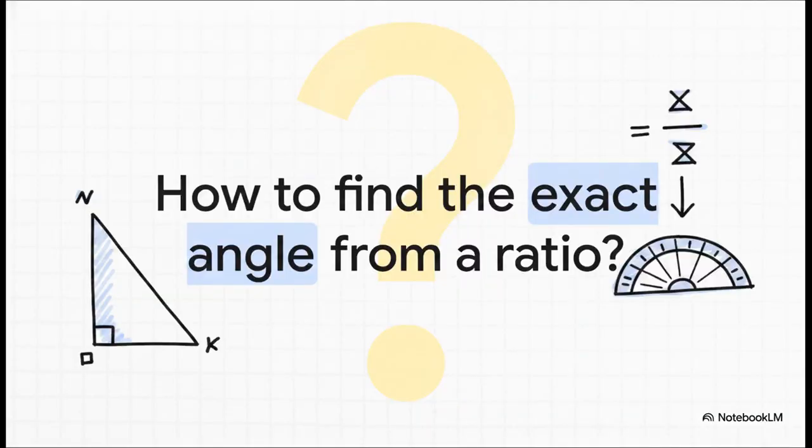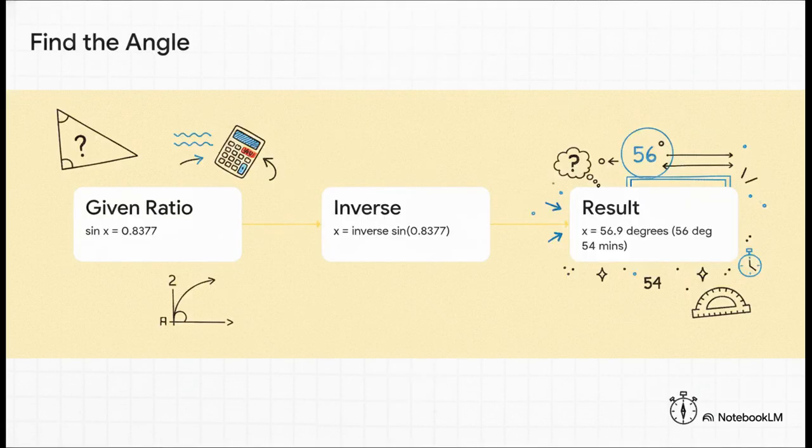But, up to now, we've had the angle and we've found the ratio. But what if we have the ratio? Say we know the sides of the triangle and we need to find the exact angle inside. How do we work that magic? So, the crucial point is knowing exactly how to use the inverse functions on your scientific calculator. Let's say sine x equals 0.8377.